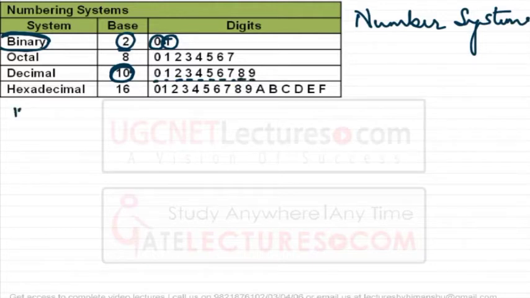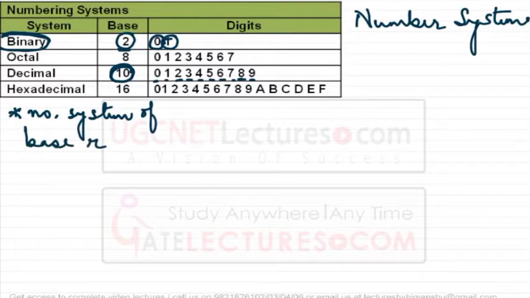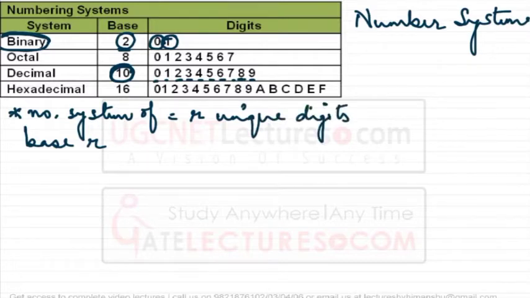Okay, one thing that you can note is any number system with base r is going to have r unique digits or unique symbols from 0 to r minus 1.